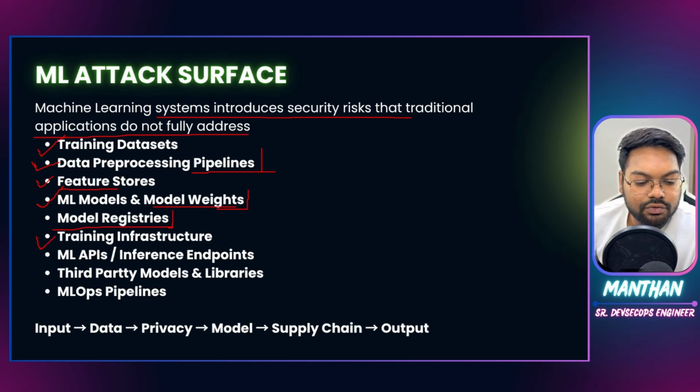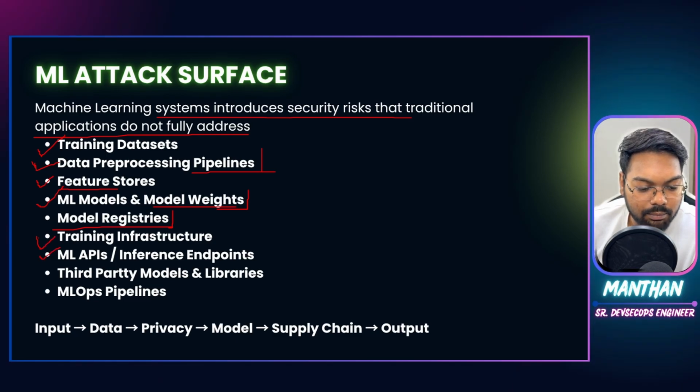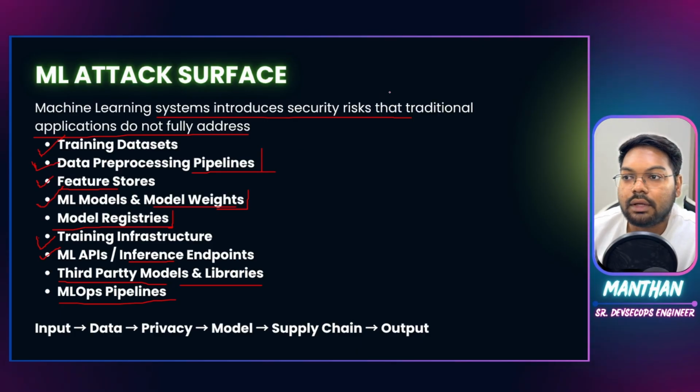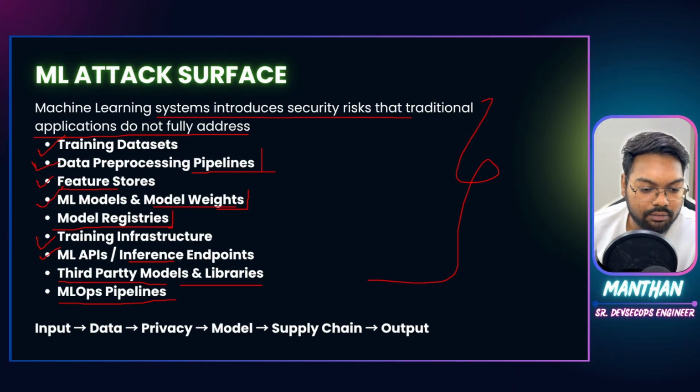Then the training infrastructure that you have, the ML APIs and inference endpoints, third party models and libraries, and then MLOps pipelines. These are the different attack surfaces you get to see in your machine learning development life cycle.